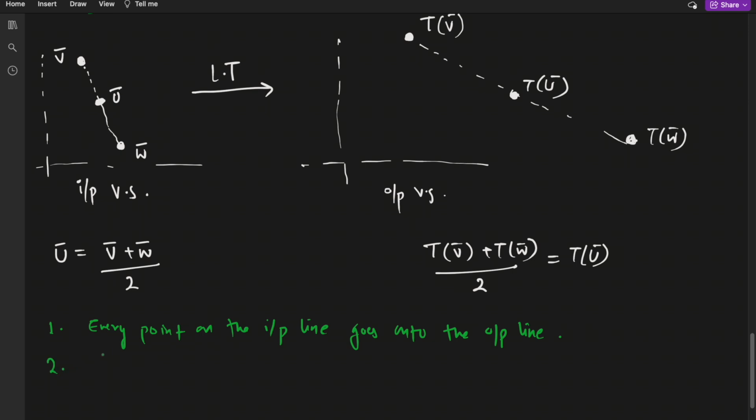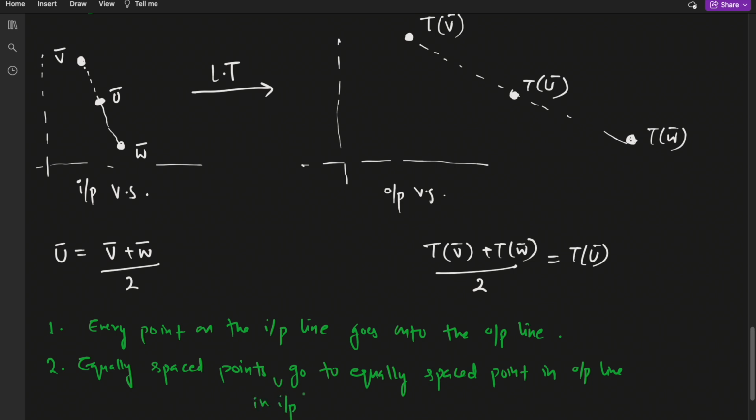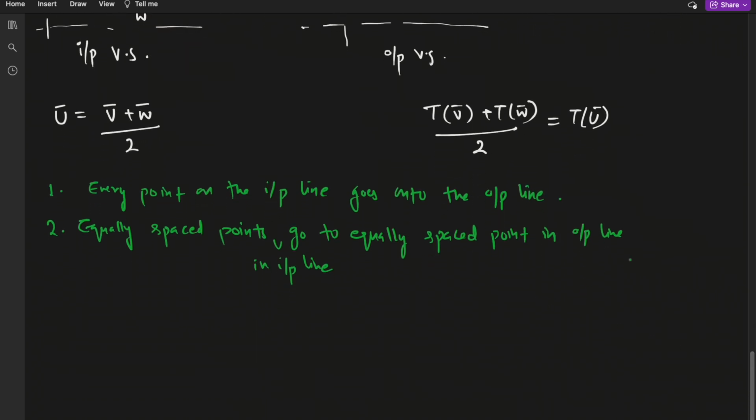And the second point, which is even more important, is that equally spaced points go to equally spaced points in the output line, or here in the input line. So these are two very important visual properties of linear transformation.